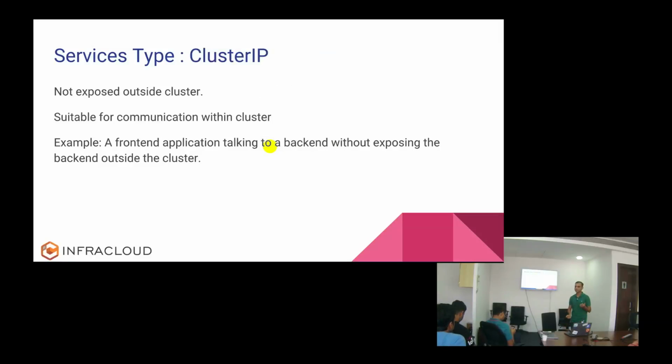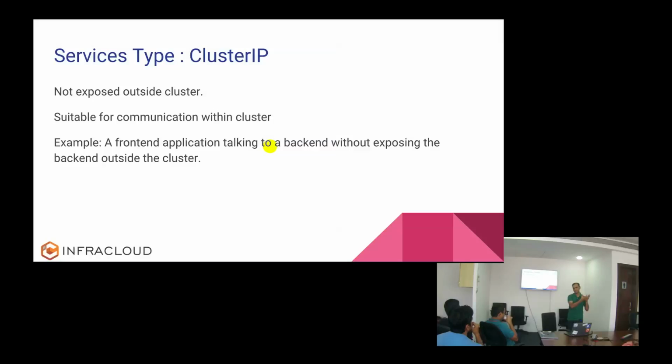The next service type is cluster IP. This is a way of exposing your pods within the cluster only. It's not exposed outside of your cluster, and here you get an endpoint. This endpoint will always match to all the pods which are described in the service's selectors.